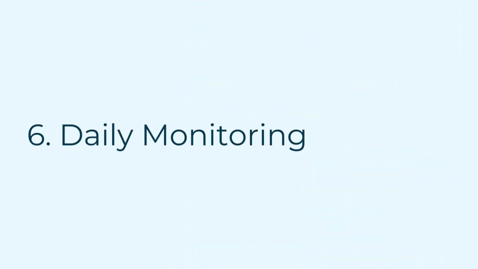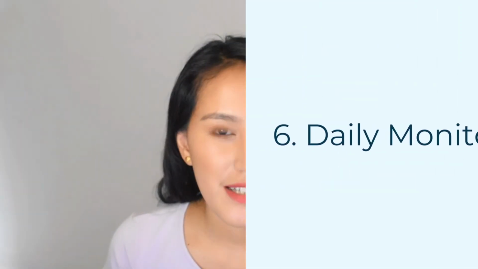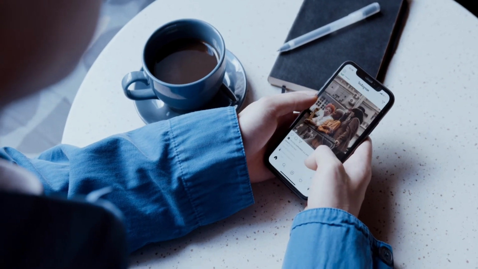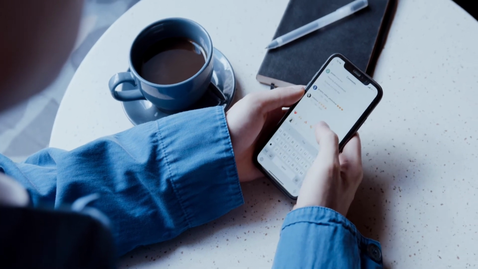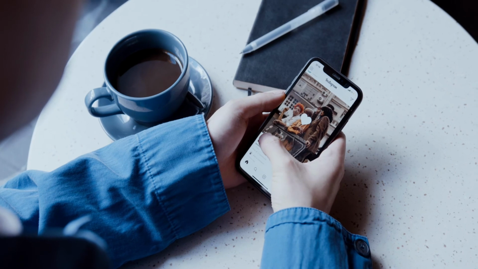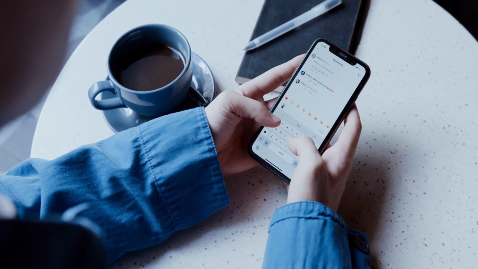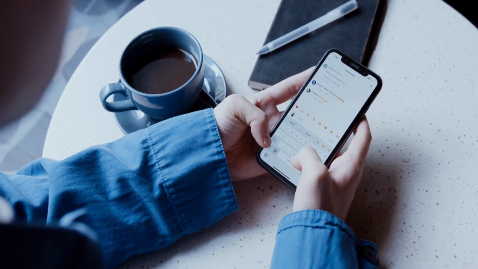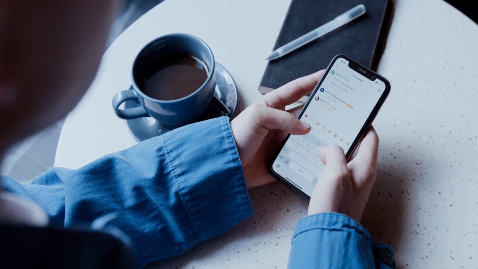Next is daily monitoring. Once we have published our content, now it's time for us to engage with our existing audience or perhaps our potential audience. When it comes to daily monitoring, you can spend around 10 minutes to an hour being present on Instagram itself. Respond to comments, interact with your audience, or engage with your followers.